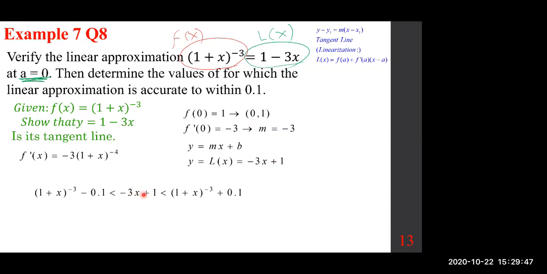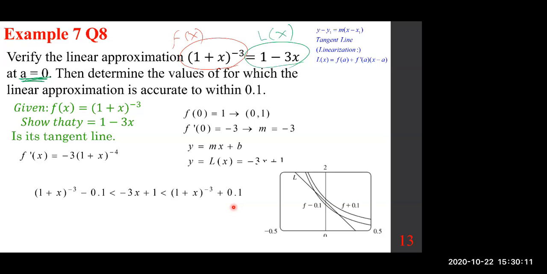We put it in descending order here. We want it to be the same as this one, but within 0.1, so minus 0.1 and plus 0.1. In this case, there is really nothing you can do. You graph this one, you graph this one, and you graph the middle one. When you graph them, here's how they look. So take a look at how they look, class.